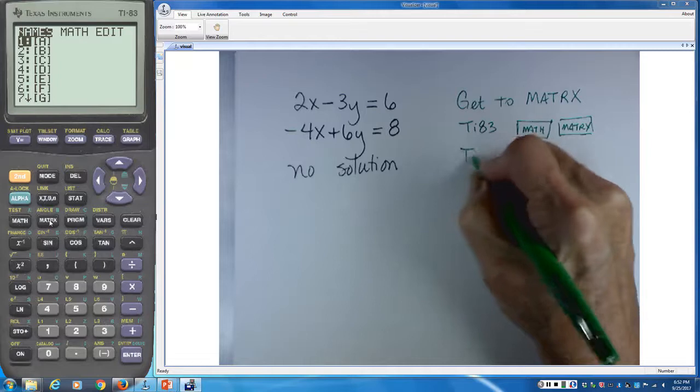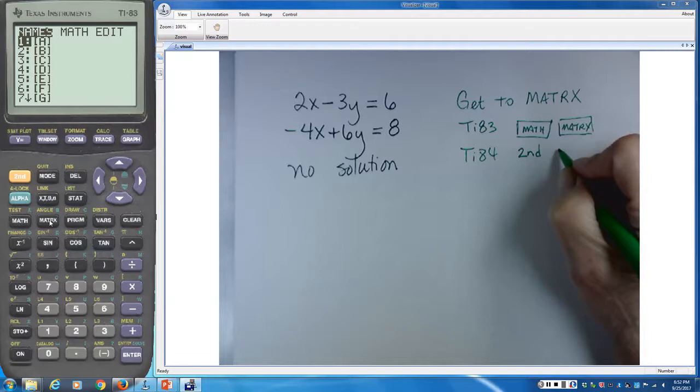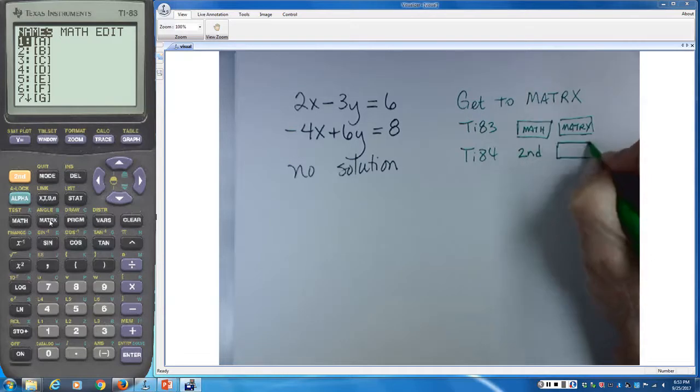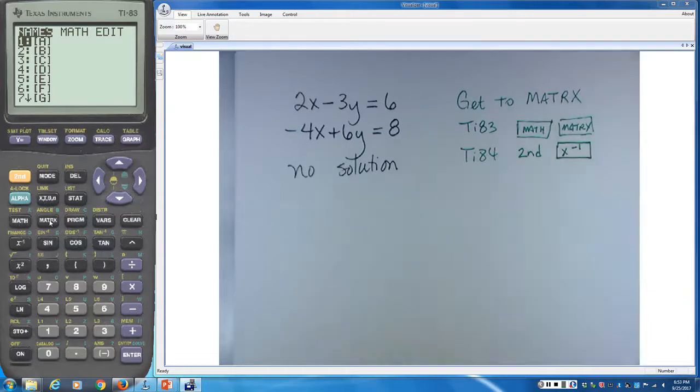On the TI-84, at least most of them, it is second, and then what's actually on that key below math? X to the negative first power. Okay. So it's the one below the math key, so it's second and x to the negative first power.